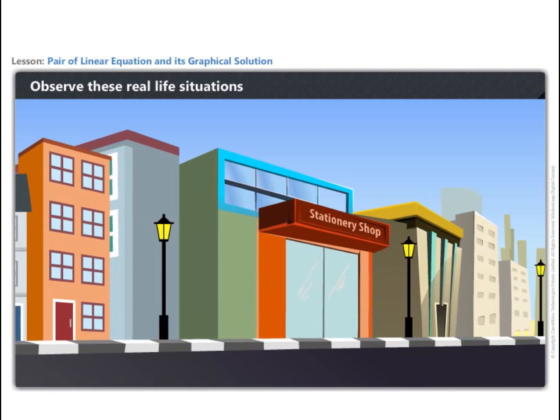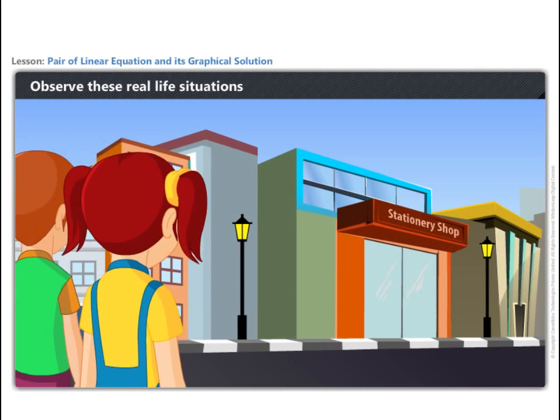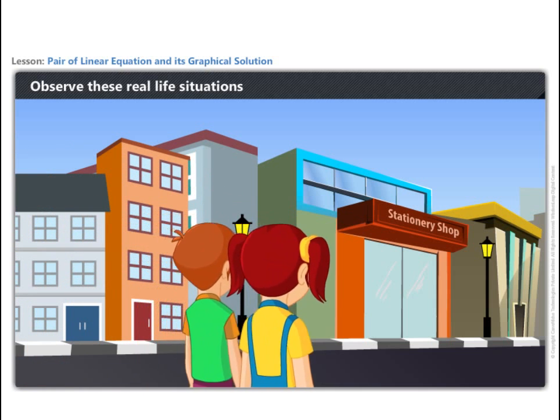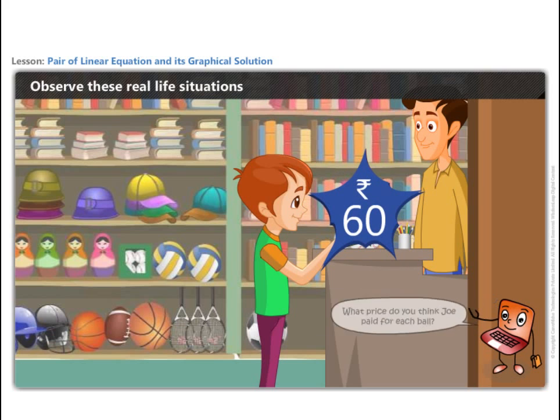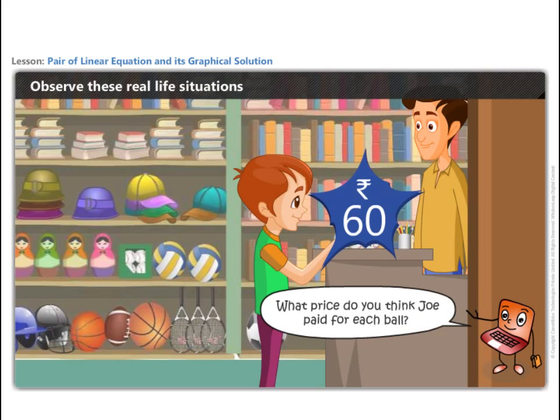Observe these real-life situations. Joe and Alice have both come to a city store. Joe buys 3 cricket balls of the same price for his upcoming match by paying an amount of ₹60 to the shopkeeper. What price do you think Joe paid for each ball?